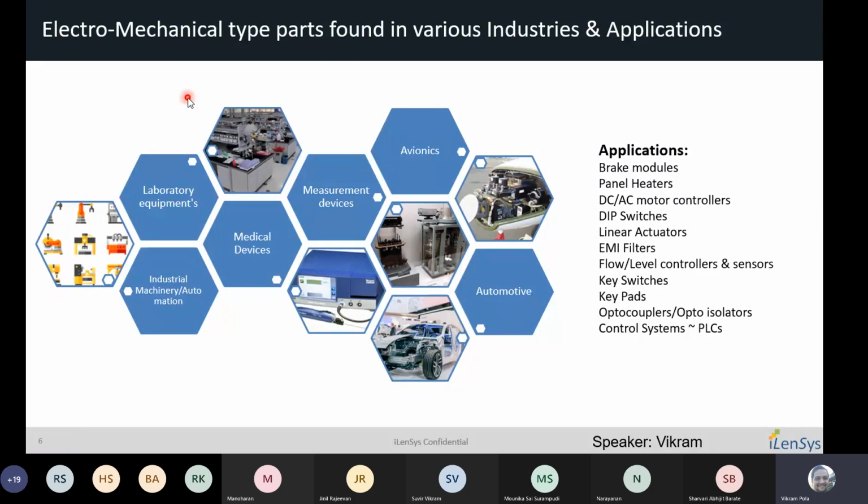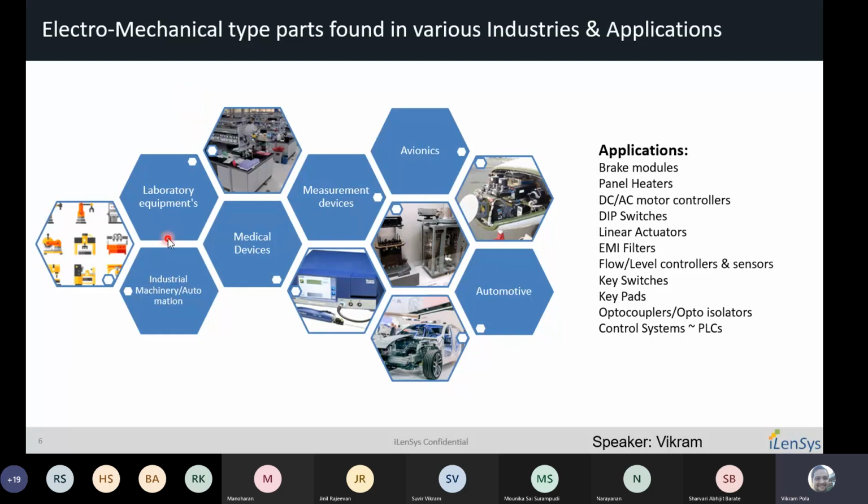All right. So electromechanical is another dominant category in the industry segments. You will see various electromechanical components used across several industries and in several applications.